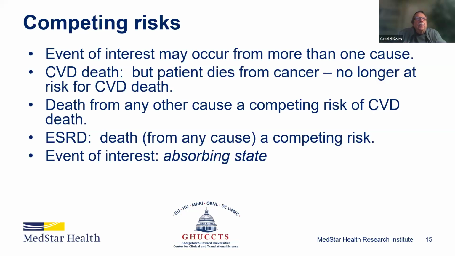In the methods that we're going to look at, death from any other cause might be a competing risk of cardiovascular death. And in the example of kidney failure, end-stage renal disease, if you're looking at death, then death from any other cause could be a competing risk.